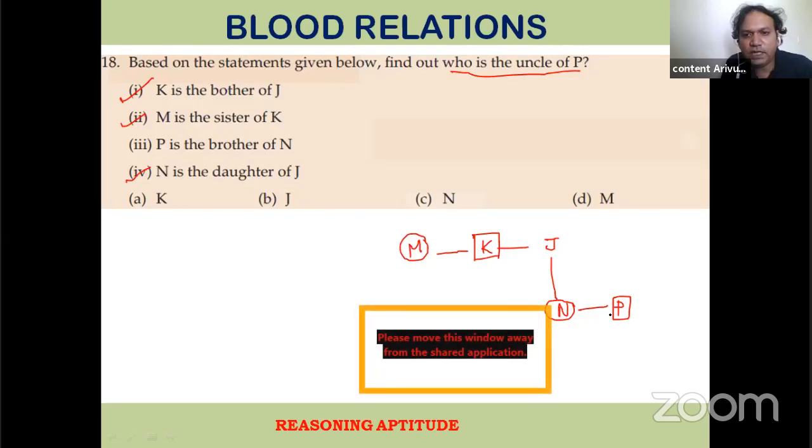If you see here, P's parent, father or mother, is J, and the sibling of this father or mother is K. So K is the uncle.